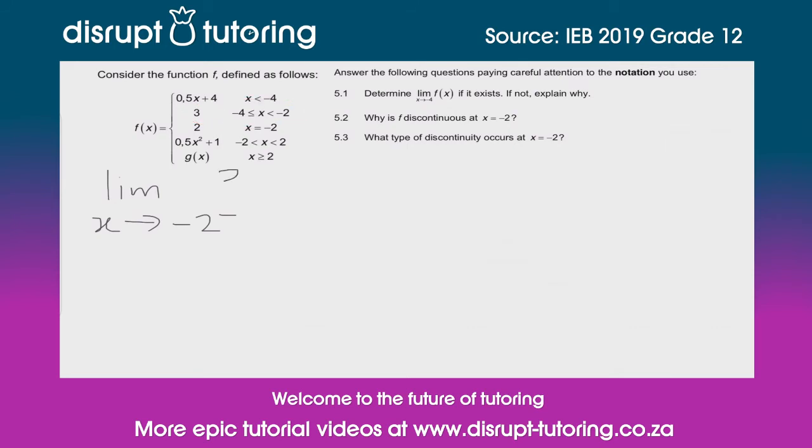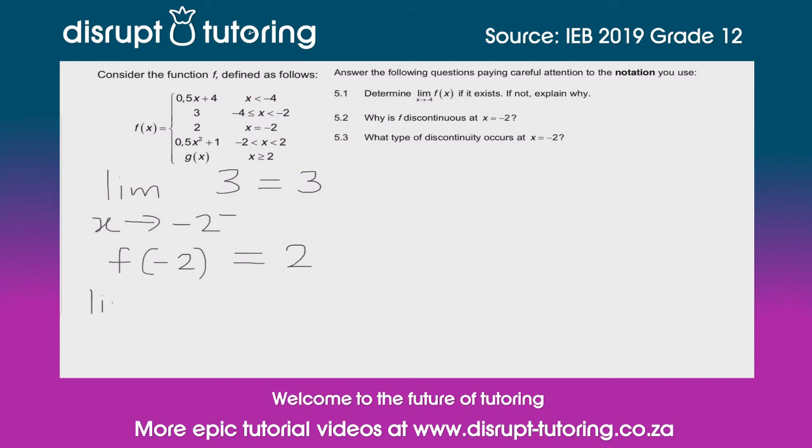So that would be the limit of 3, which is 3. Then, for discontinuity, we also need to look at f of minus 2. In other words, the function value when x is equal to minus 2. And that's this part over here. The function value is 2.